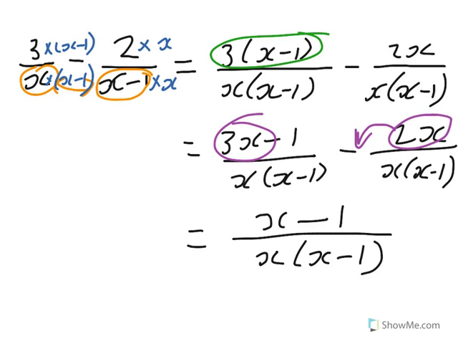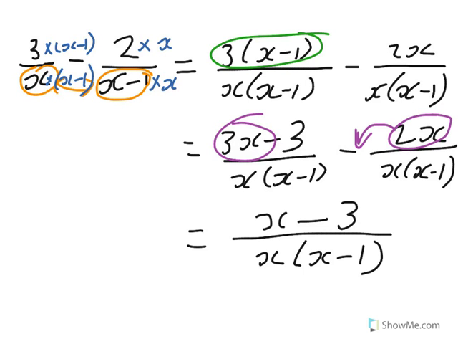Except I have expanded that bracket incorrectly. That shouldn't be minus 1, should it? And those of you who are on the ball, that bracket should have been expanded as 3x minus 3. So x take 3 over x bracket x take 1.